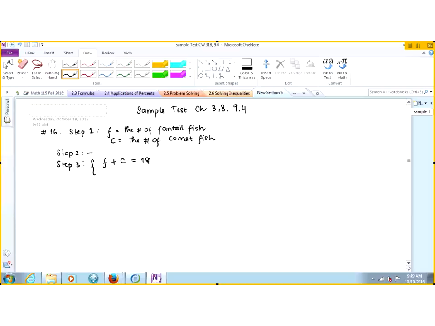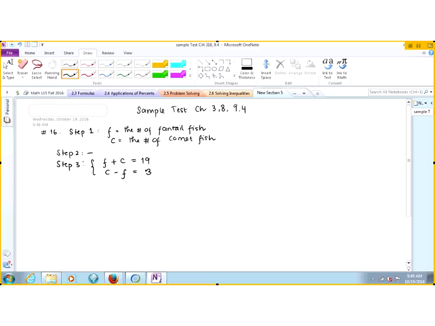So how do I write that? So which one is more? Comet. So you could say the comet minus the fantails is equal to 3, right?